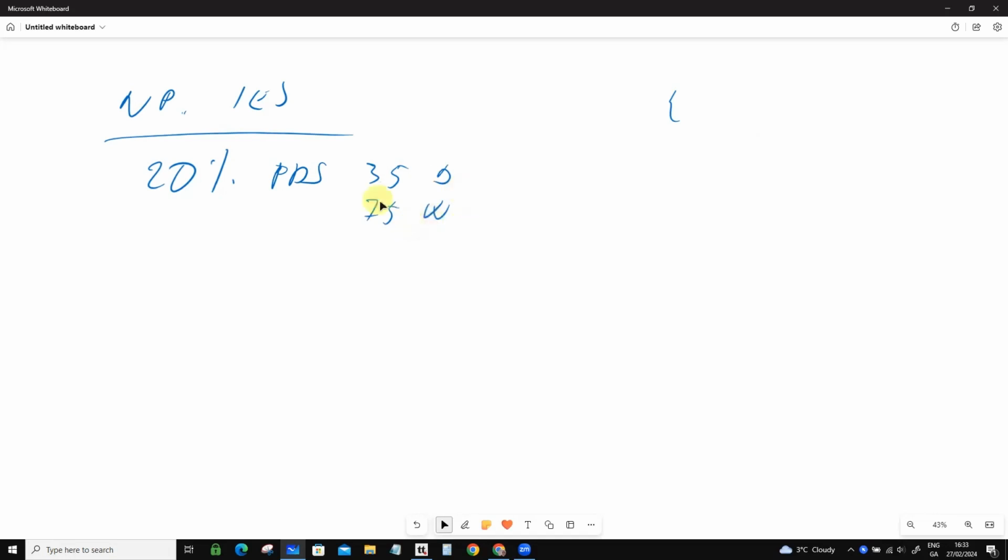But as I've been thinking about this, what is the purpose of the PDS? What's the main purpose? The main purpose is to give us a little bit of a cushion when we're challenged on our naked puts, so this equity line doesn't go like this, but maybe goes like this.